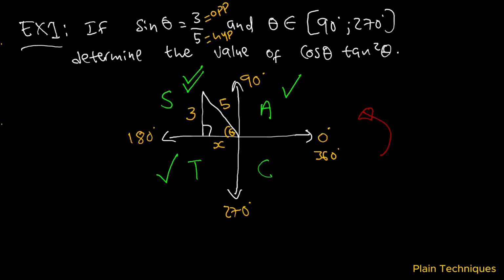Now, what I'm going to do is remove this so that I can create space. Right? And use Pythagoras theorem to determine this value over here, right? Because this is a right-angled triangle. Now, Pythagoras theorem, right?